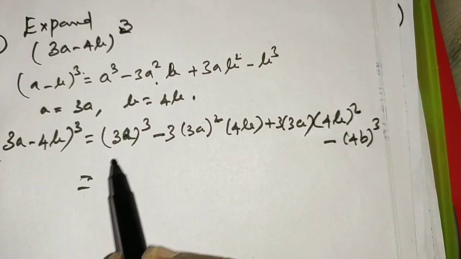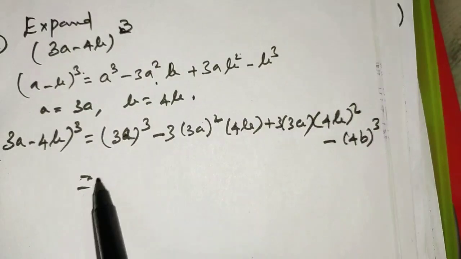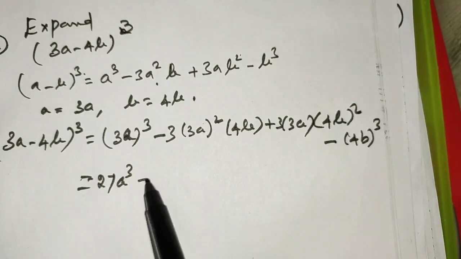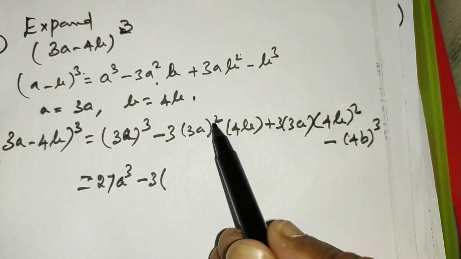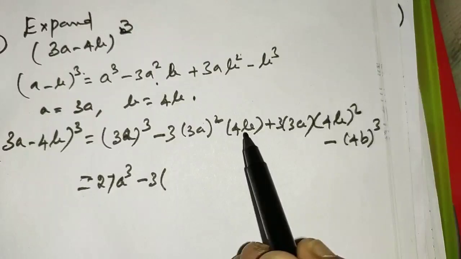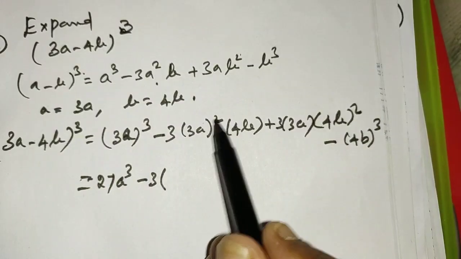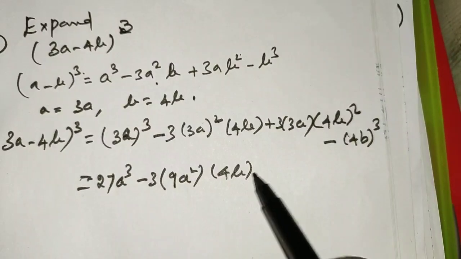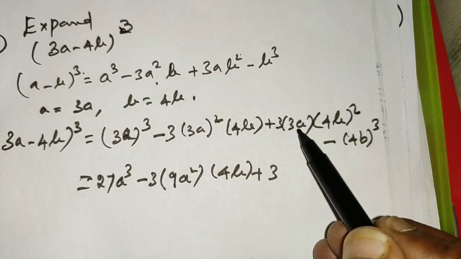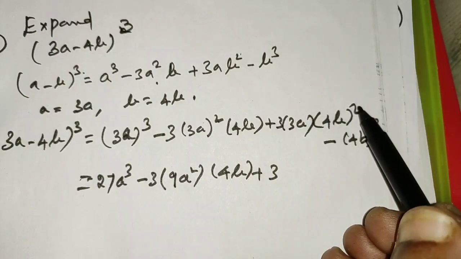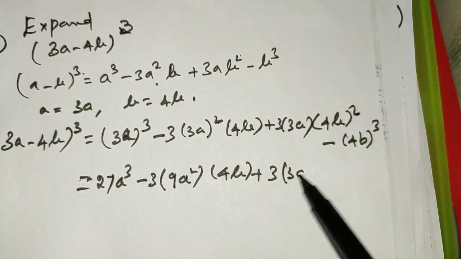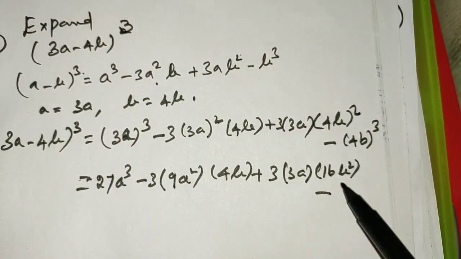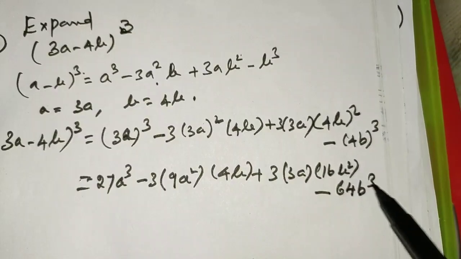Now we are going to simplify this. 3 cube is 27 and then a cube minus 3 into, first you have to bring the square, then only you have to multiply the remaining numbers. So 3 square gives 9a square into 4b plus 3 into 3a into 4b square. Bring the square here, you will get 16b square. 4 cube gives 64b cube.